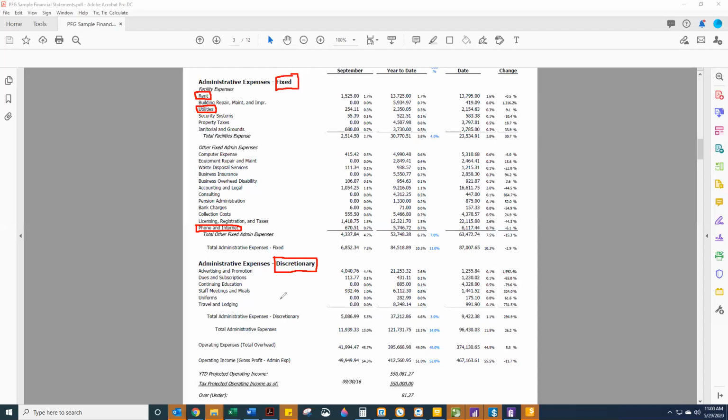The last thing I want to talk about on this page is a really, really important concept. And I want to focus on this section down here. One of the most important numbers on your financial statements every single month is this operating income number.